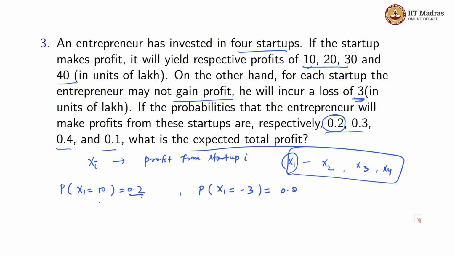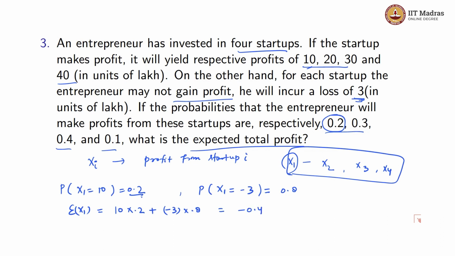So if we calculate the expectation of profit from startup 1, that will be E(x1). It takes the value 10 with probability 0.2 and the value minus 3 with probability 0.8. So we calculate 10 into 0.2 minus 3 into 0.8, and we get minus 0.4.